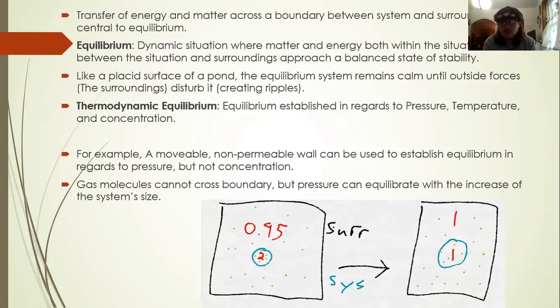So when we look at the transfer of energy and matter across a boundary between system and surroundings, this is the central concept we need to worry about for equilibrium. Equilibrium, if you've had general chemistry, and if you haven't, what are you doing here? This is physical chemistry. You need general chemistry first.